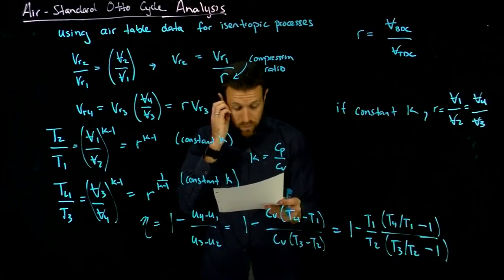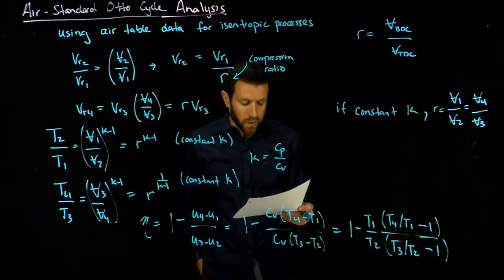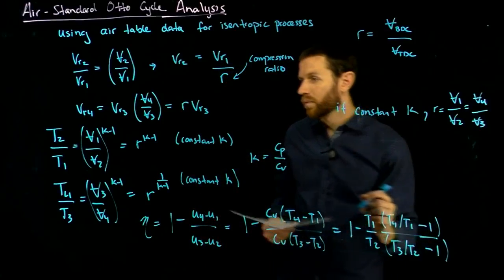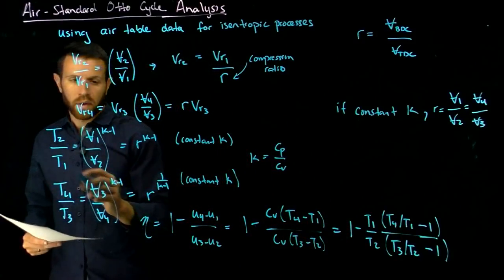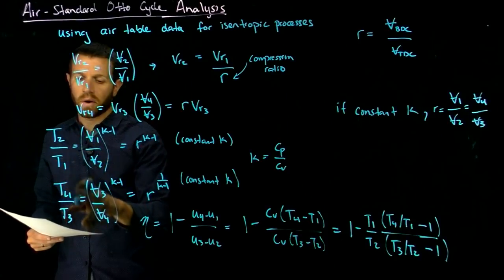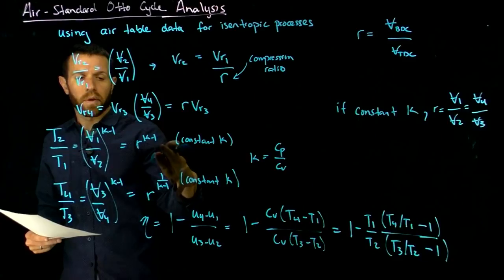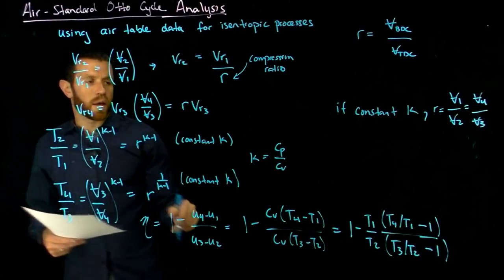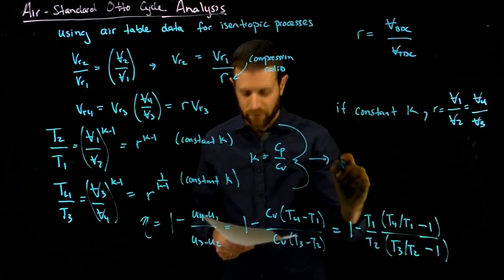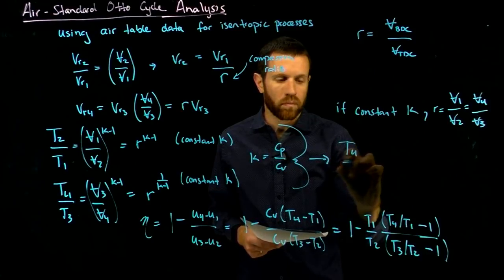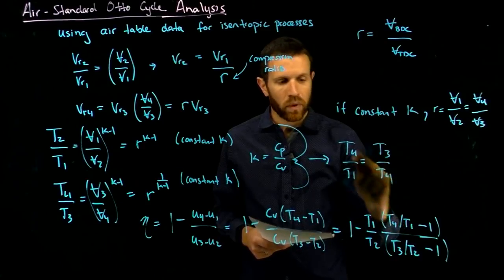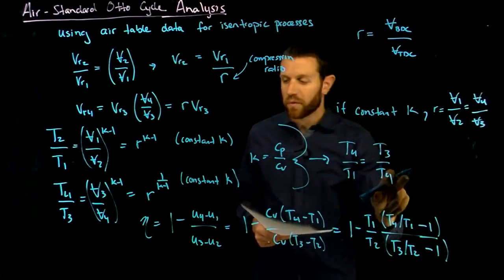All right, so a little bit of algebraic manipulation there. And from before, from these two relations here, T2 over T1 and T4 over T3, the way that they make these relations for r and k, T4 over T1 will be equal to T3 over T2.